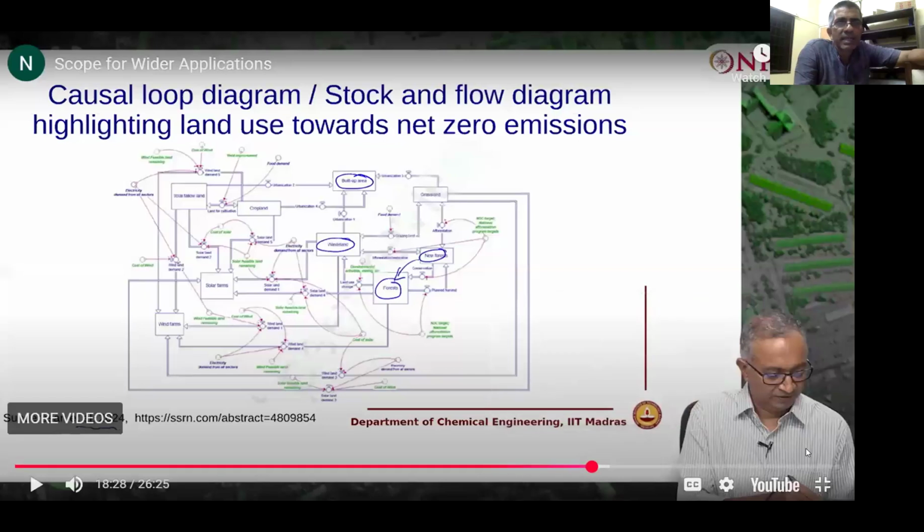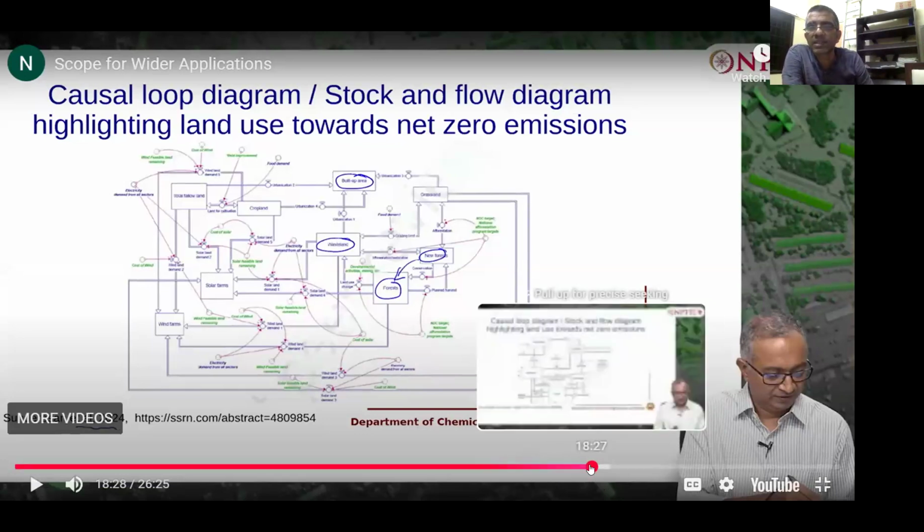Net zero. This is a little complex. Any simpler version, zoomed in? Okay, so he has identified some four factors: forest, new forest, wasteland, built up area. I really don't know what these are, but I'm sure he is explaining in the video. Anybody has any doubts, we can discuss. Otherwise, we'll move on.